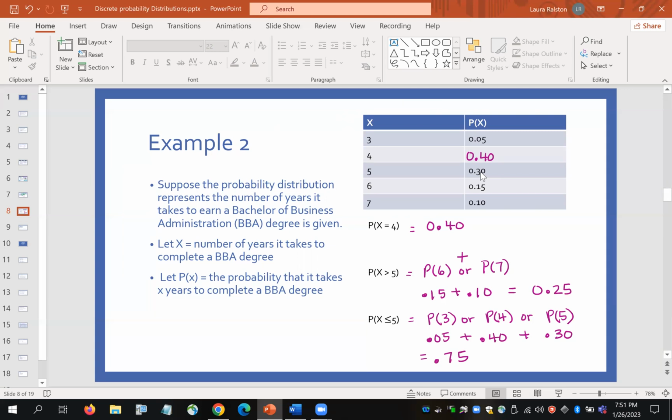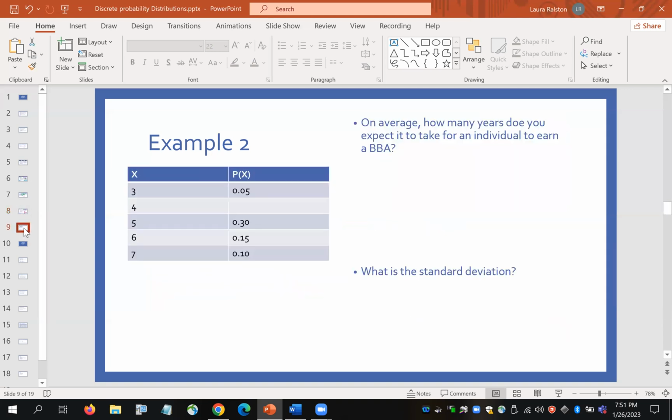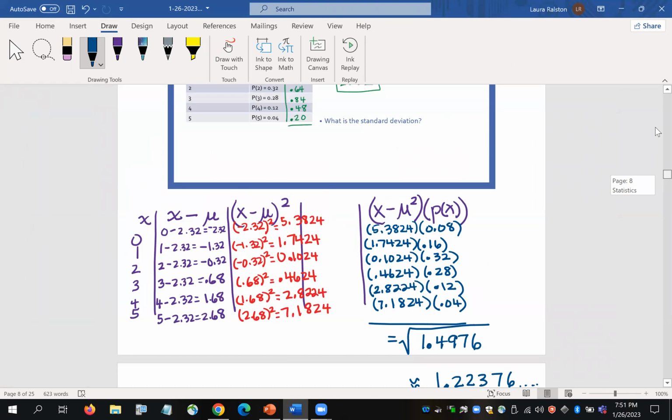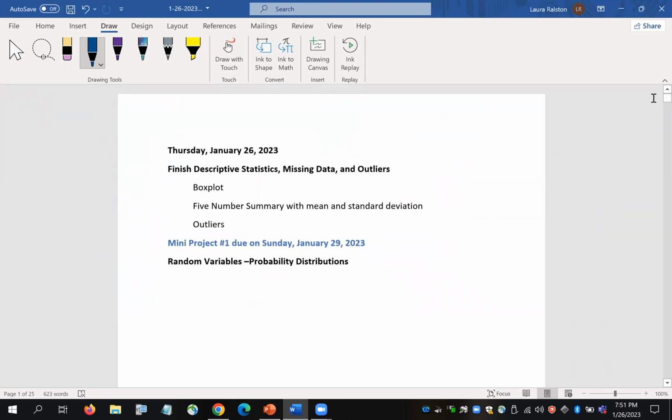Now I think the next one's another find the average, okay? And I don't have time to go through that again. And I'm not going to get to the binomial, okay? So here's the plan. And I'll make the adjustment pretty much right after we're finished. We have finished descriptive statistics, missing data, and outliers. Your mini project number 1 is due on Sunday. At this point, that is the only thing that you have due this weekend.